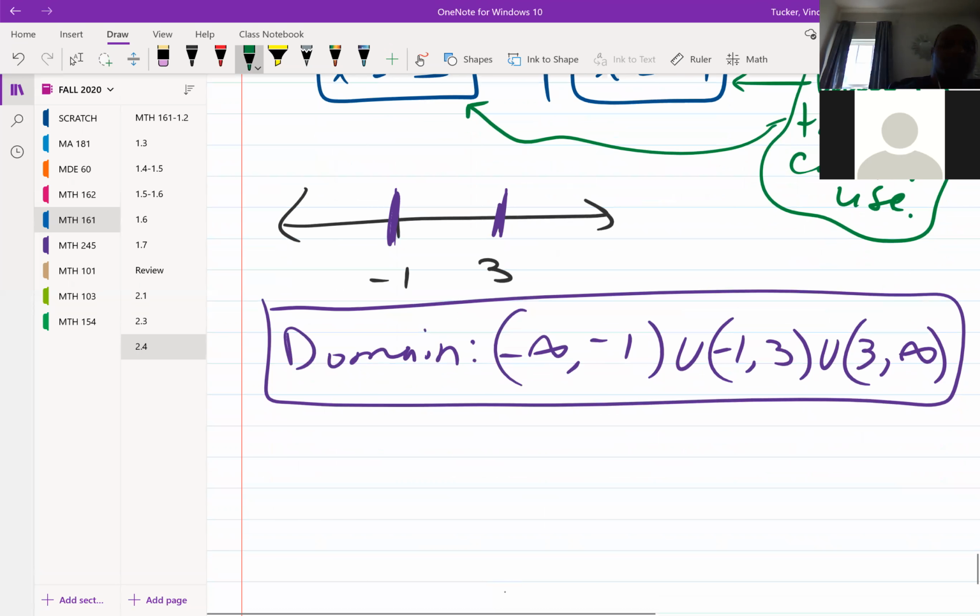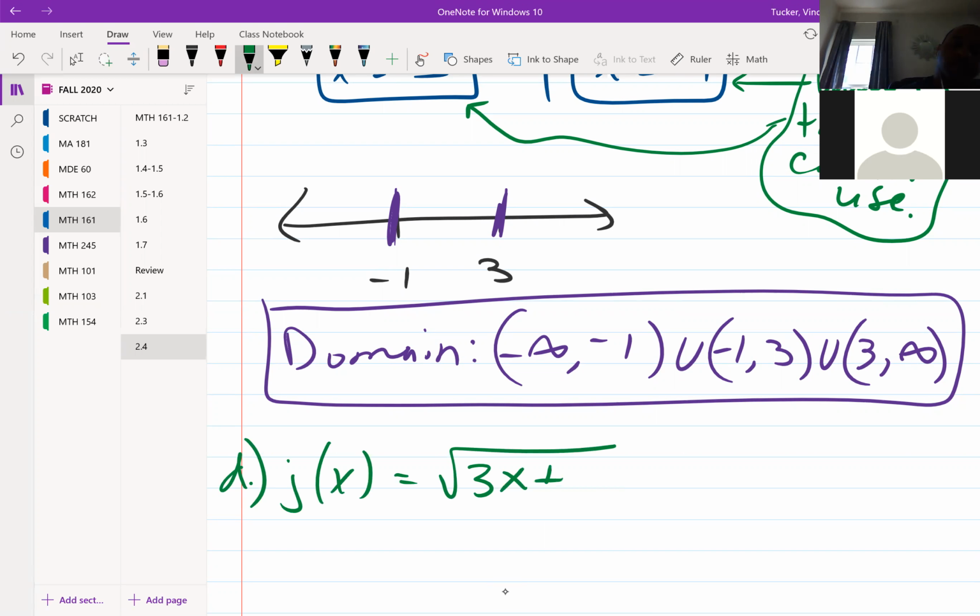Questions before we do at least one more like this? All right, so next one, j of x is equal to the square root of 3x plus 12.